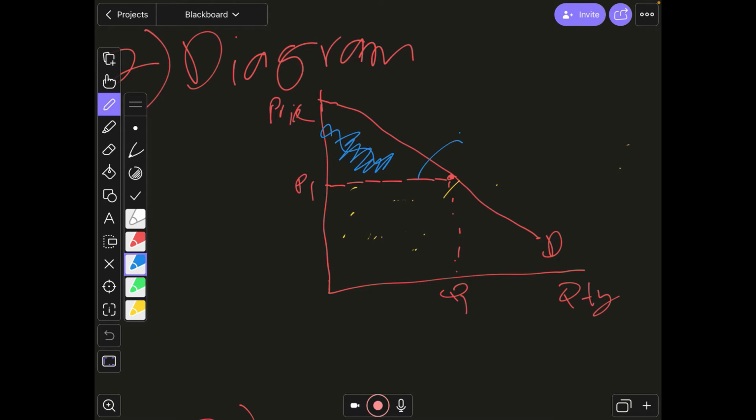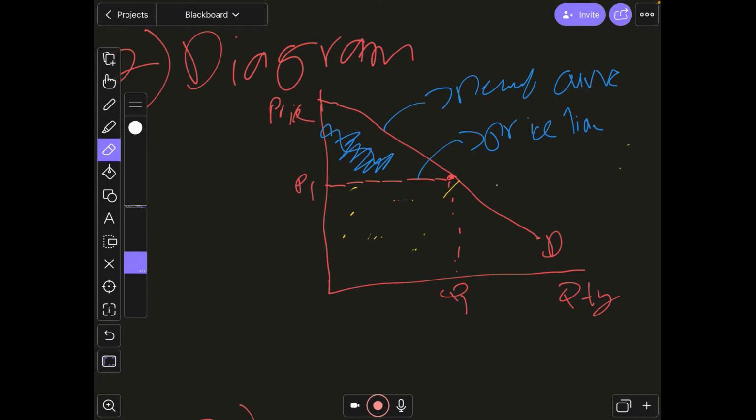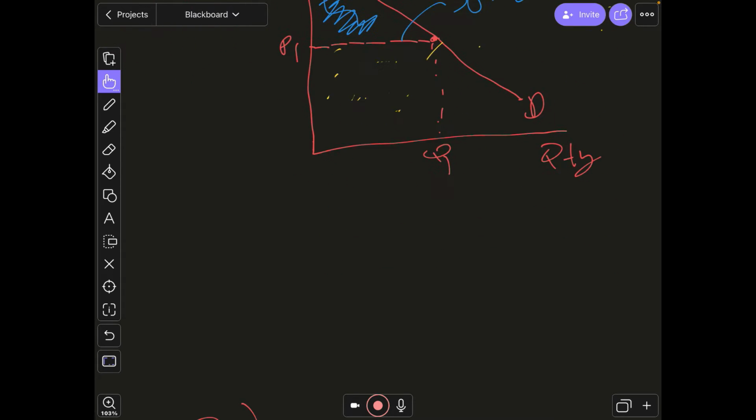This is the price line at this price point, and this is the demand curve. And this whole blue area represents consumer surplus, because it's the area above the price line and below the demand curve. Okay, this diagram is getting a bit messy, so let's move on to the next diagram and then we can show changes over there.